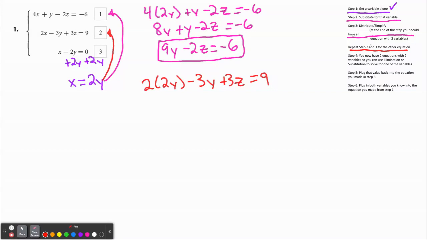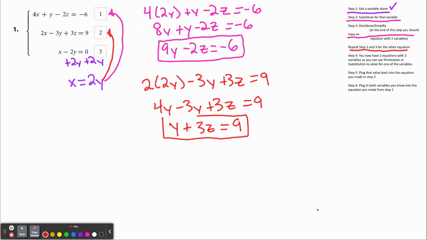Again, I'm repeating steps 2 and 3, so I'm now distributing and simplifying. So 2 times 2y is 4y, minus 3y, plus 3z equals 9. Combining like terms to get y plus 3z equals 9.